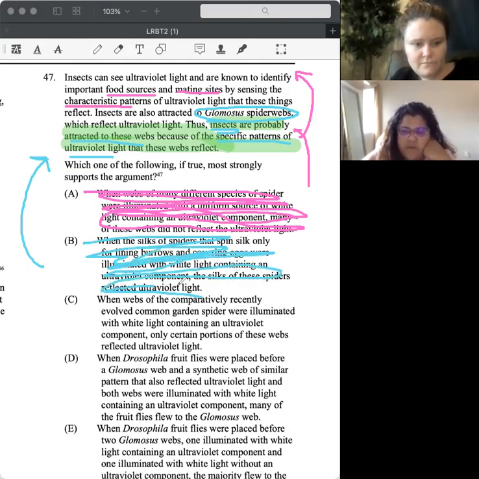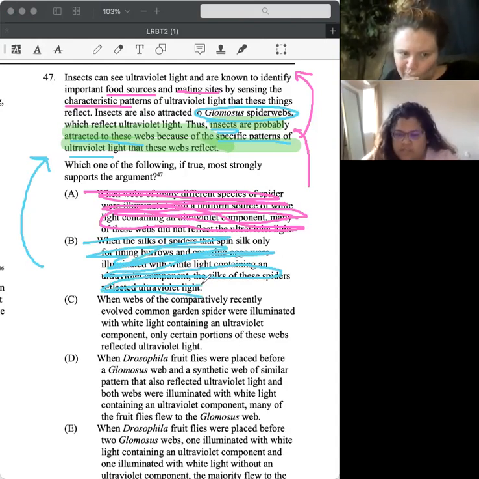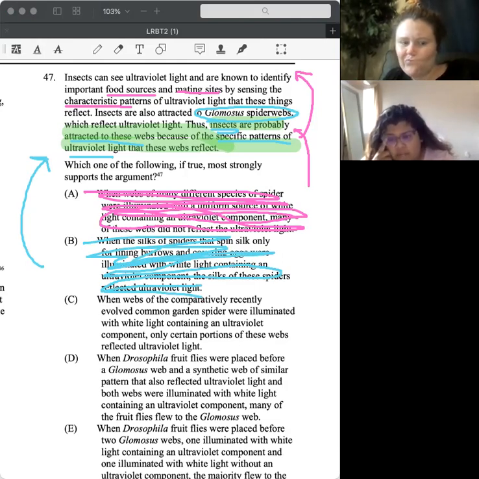When webs are comparatively recent, common garden spiders were illuminated with white light containing an ultraviolet component. Only certain portions of these webs reflected ultraviolet light. Wouldn't that weaken it, because it says certain portions?